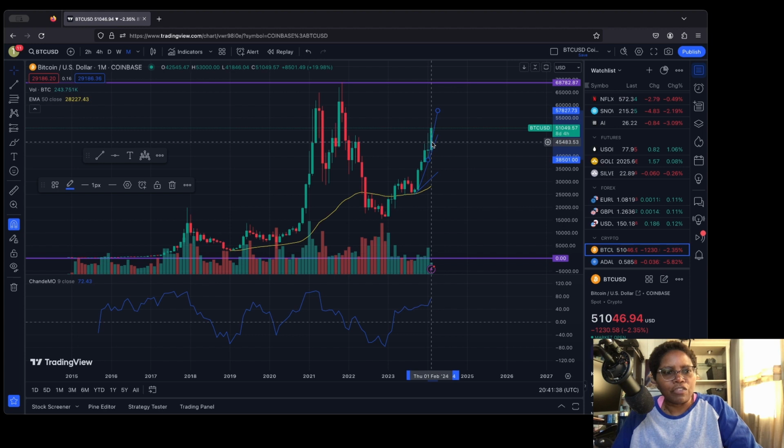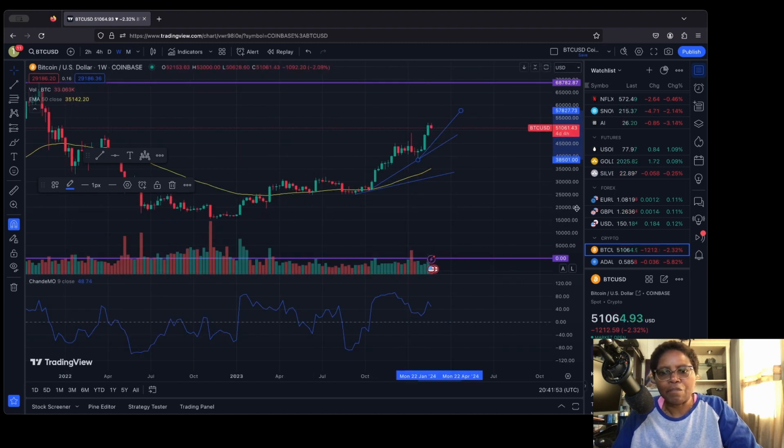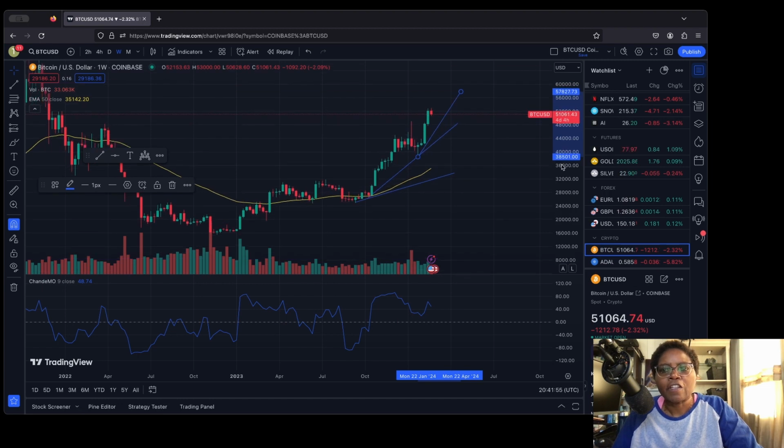in this current candlestick, it has made a new high. And let's go to the weekly. We can see that we have, at this point, a tweezer top.